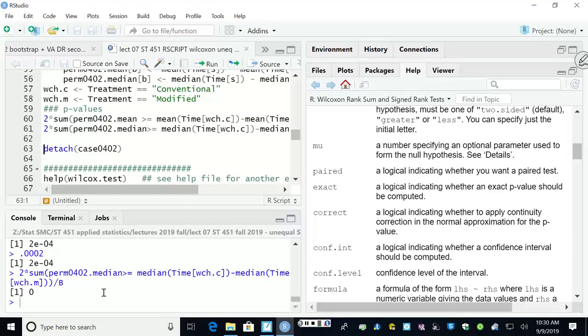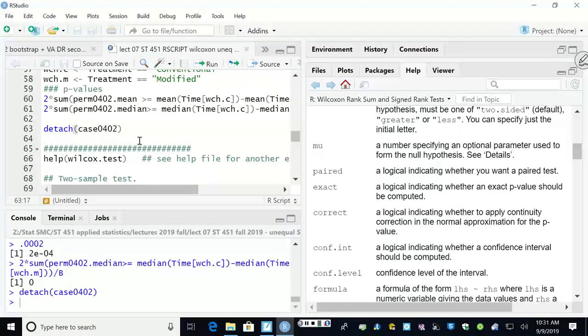The medians are never that extremely different in my 10,000 samples in this case. So again, the permutation is going to give the same result. It requires a little more programming to do that little loop in there. I'm going to take that out of memory, so I'm not using that one again. But anyway, that's one example.